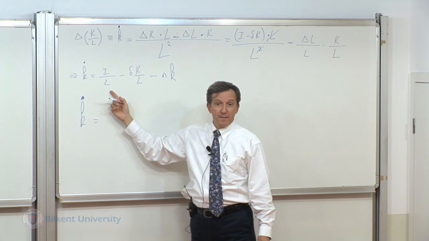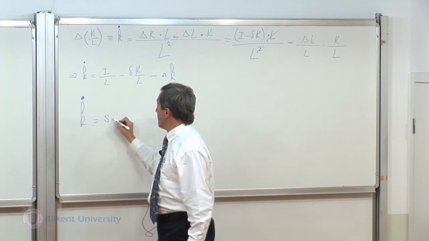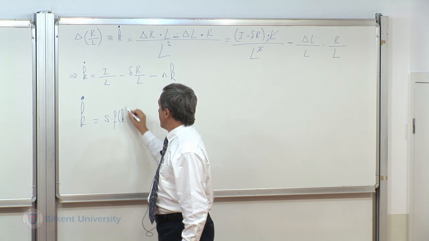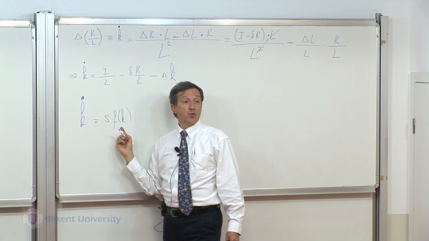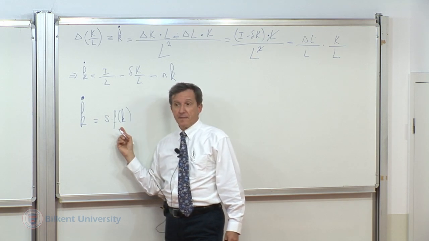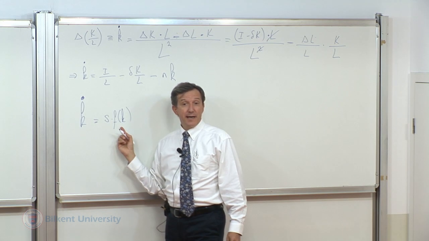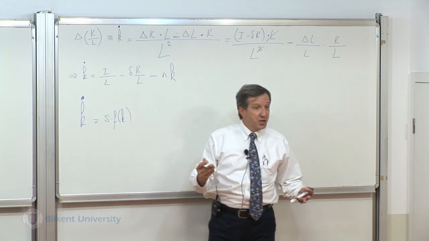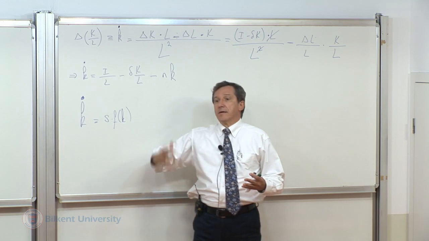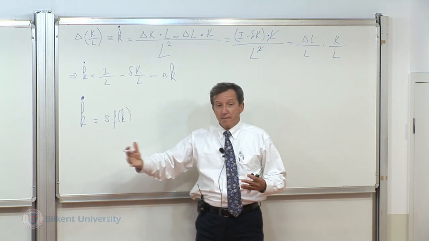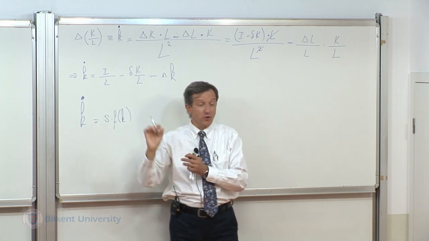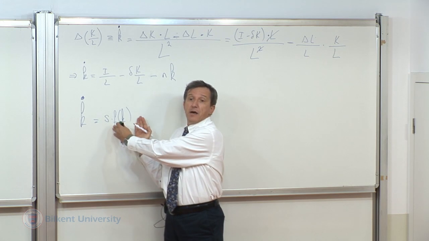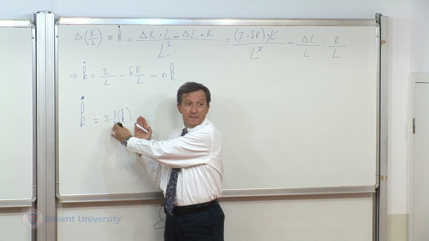Investment per labor in this economy is savings per labor, and savings is equal to saving rate times output per labor. Output per labor is a production function telling us, tell me the capital labor ratio along this little f production function, and I am going to tell you how much output is produced. So f of k is per capita income, that is output per labor.